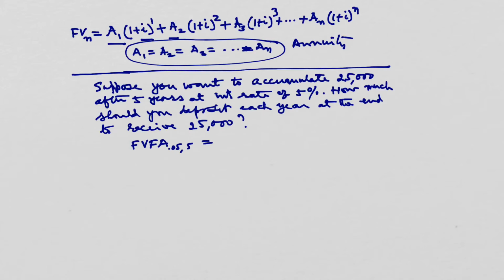So if you use the formula for 1 rupee, your formula is (1 plus I) raised to n minus 1, divided by I. So you have 1.05 raised to 5 minus 1, divided by 0.05.